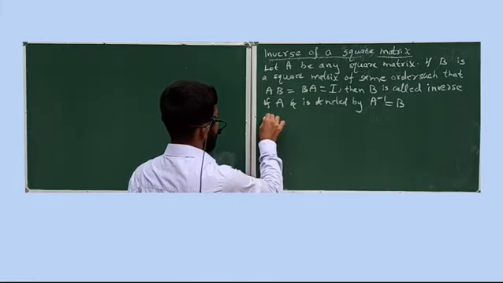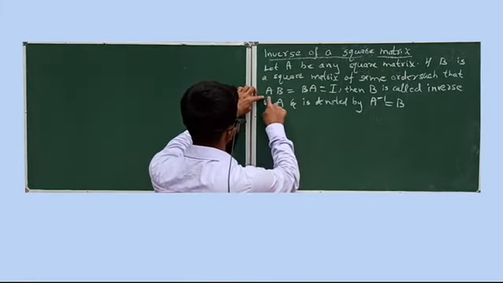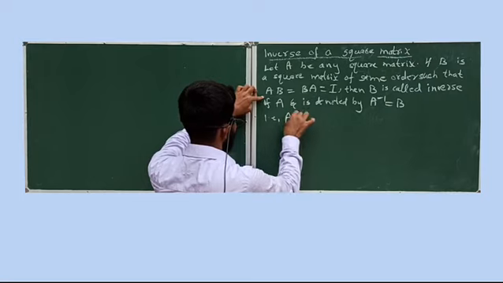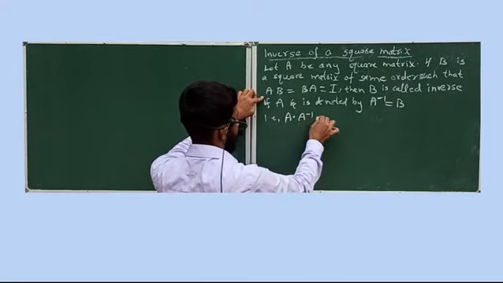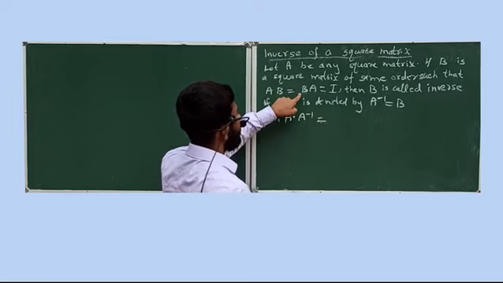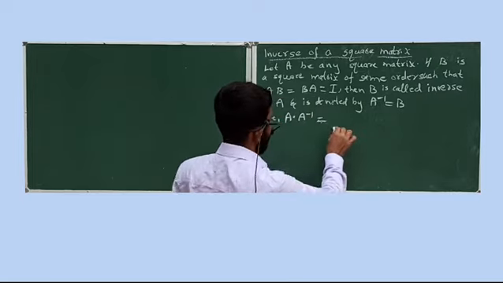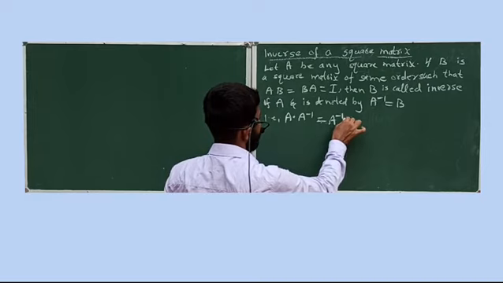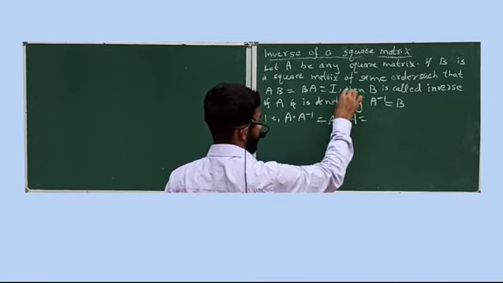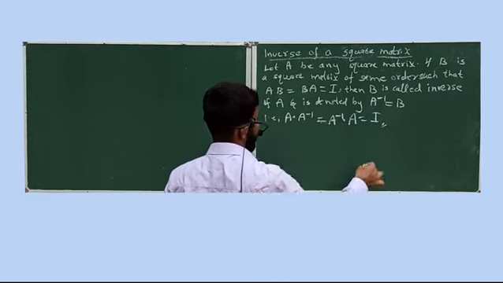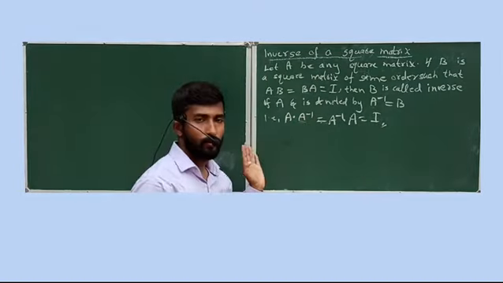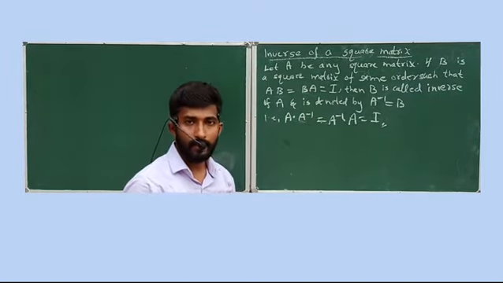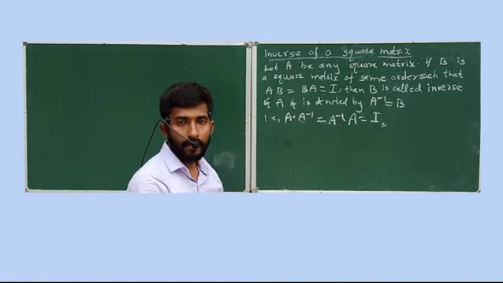That means A into B, where B is A inverse: A into A inverse equals A inverse into A, and you will get identity matrix. Then this matrix A inverse is the inverse of the given square matrix. Clear definition? One matrix A is given.